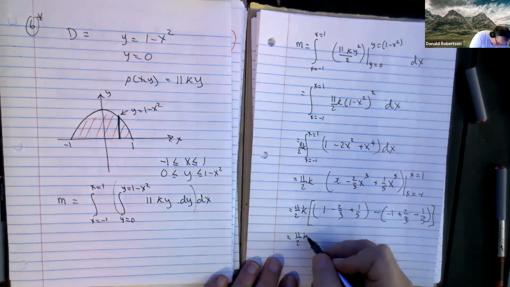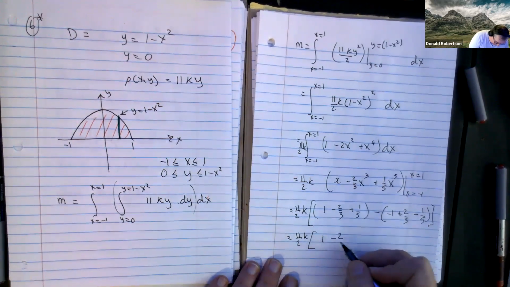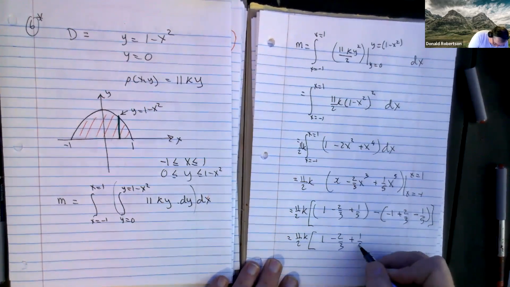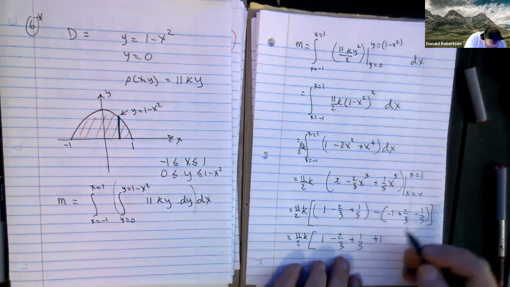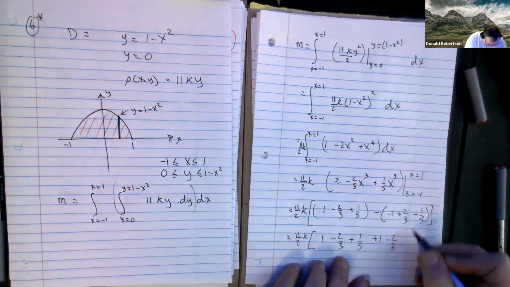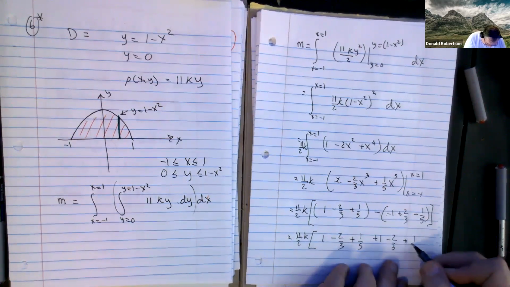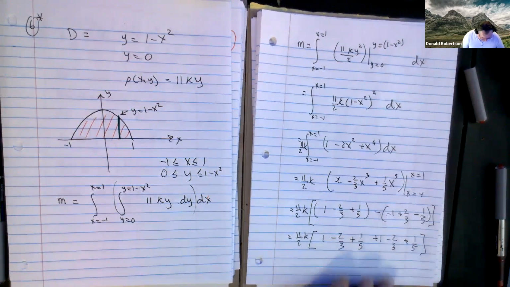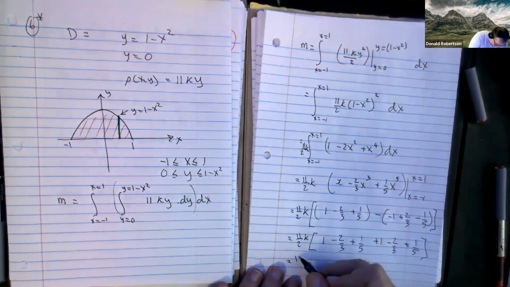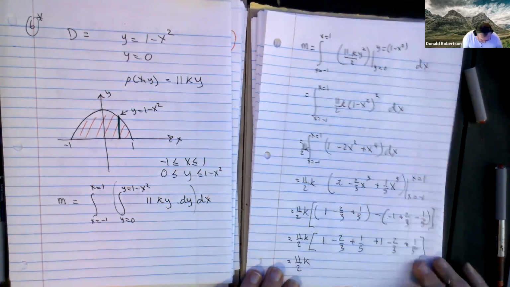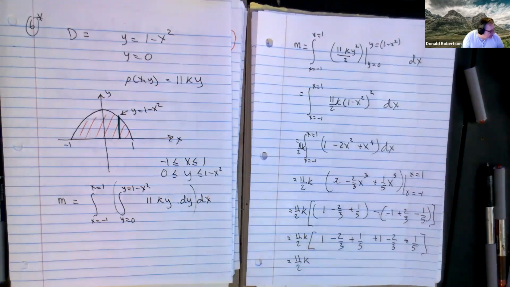And just being lazy, I get that guy, take away that guy, add that guy, take away a negative means you add it, take away that guy, and take away that guy, you add it. So basically you get this stuff, and let's see what that comes out to be. I should do it in a calculator, can't I?